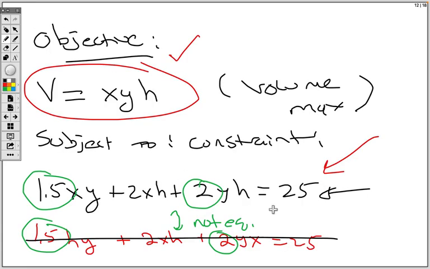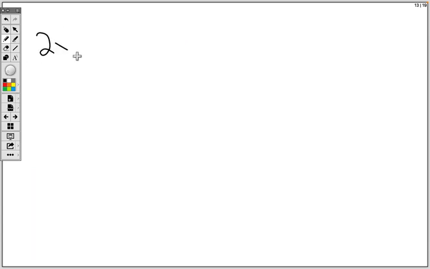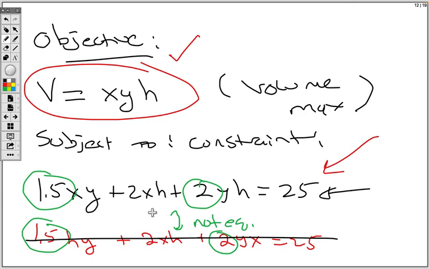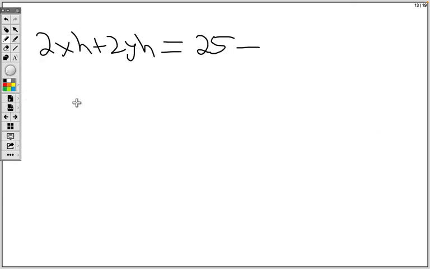So let's see how we would do that. I guess we would first subtract off. So we have 2xh plus 2yh equals 25 minus 1.5xy.